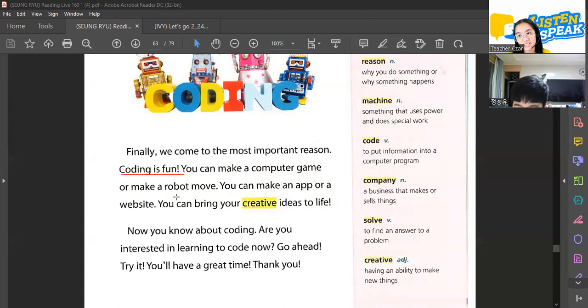Also, as I said earlier, you can make your own games by using the code or coding. That's why it is a useful skill nowadays. And also, coding makes you creative.